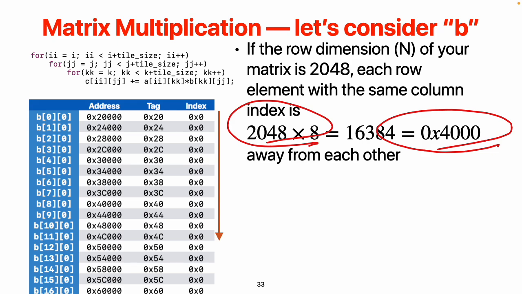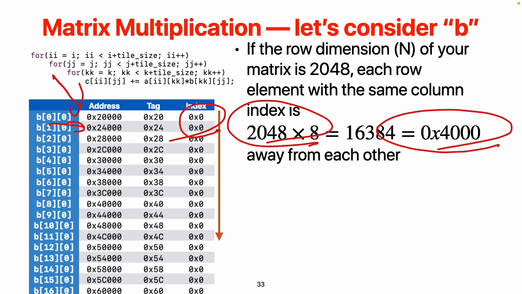So if I assume 20,000 is my starting address of B00, the next column will start at 24,000. And if you do C equal to ABS, you will figure out how to partition this address, and you will see that those two are mapped into the same index.